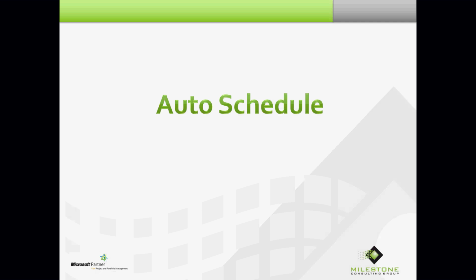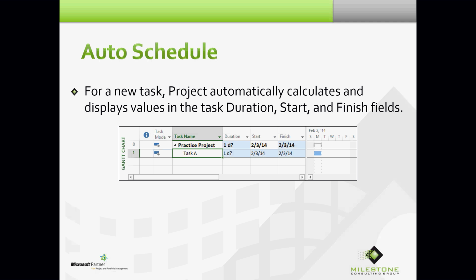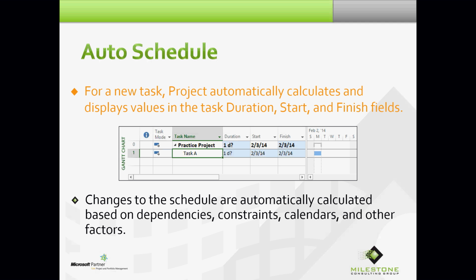So let's talk about auto schedule briefly for a moment. For a new task, when you enter that new task, Project automatically calculates and displays values in the task duration, start, and finished fields. Changes to the schedule are automatically calculated based on dependencies, constraints, calendars, and other factors.